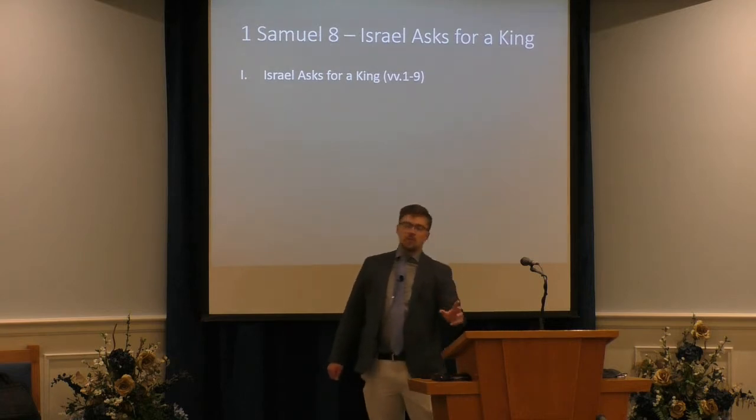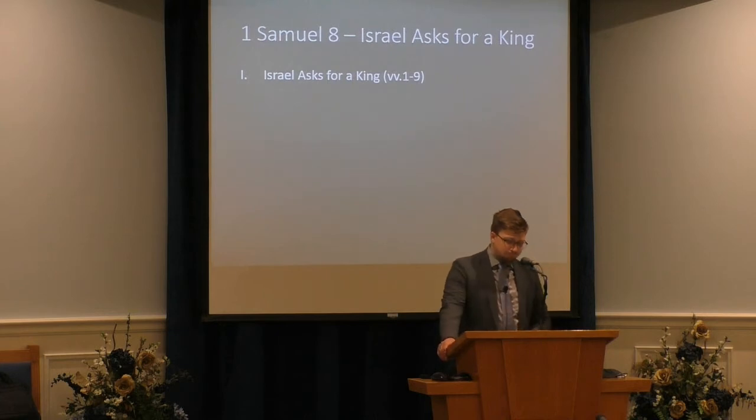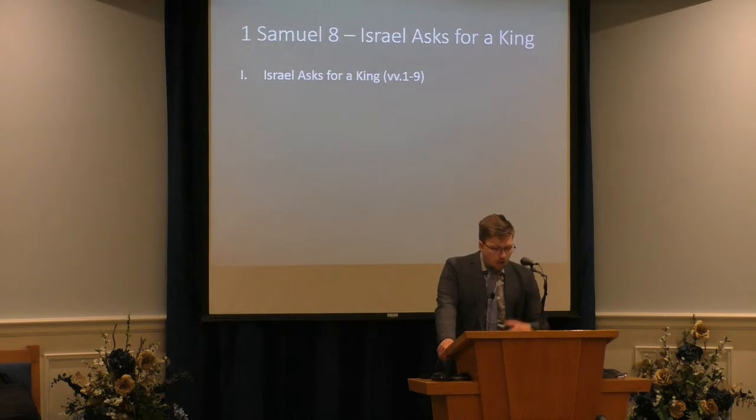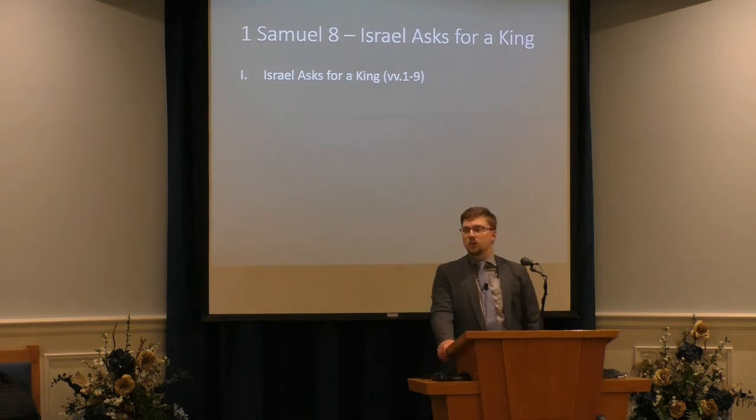So here we have the sons of Samuel. I think there's an important lesson to learn here about these two sons, Joel and Abijah. They are described as not walking in the ways of their father, turning aside after dishonest gain, taking bribes, and perverting justice.